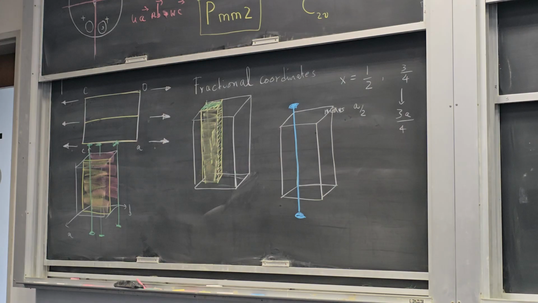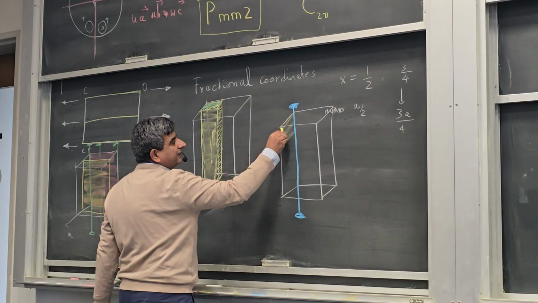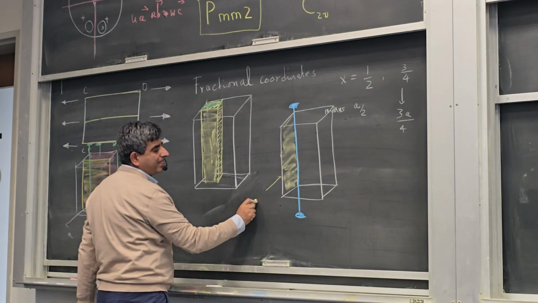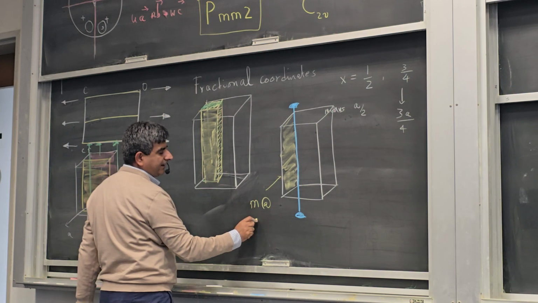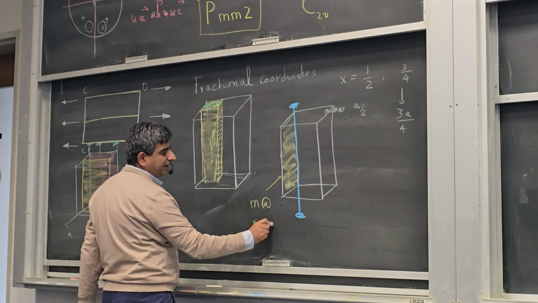The third element is a mirror plane at x, 0, Z. What is that plane? This plane. This is a mirror plane M at x, any x, y must be 0, any z.